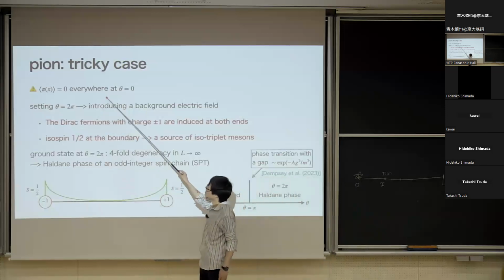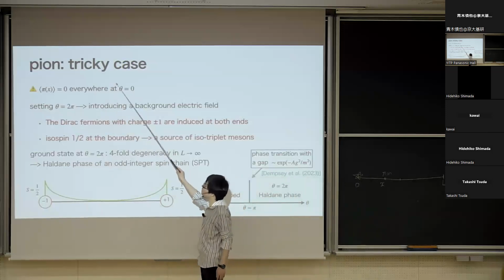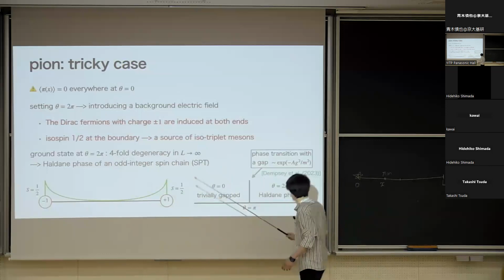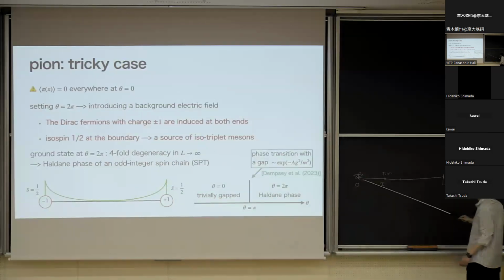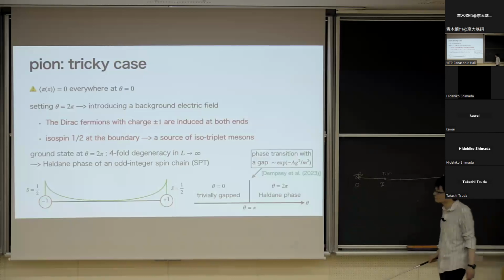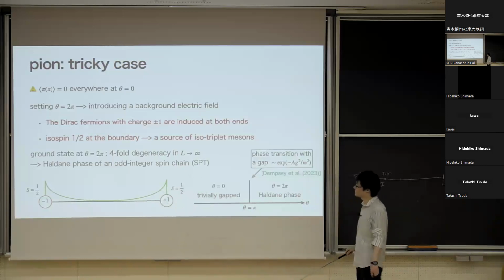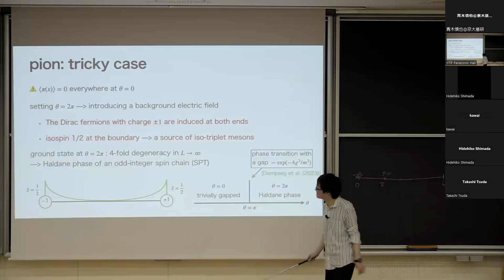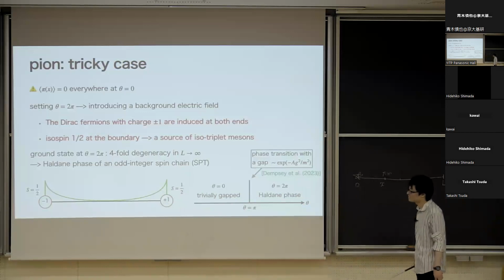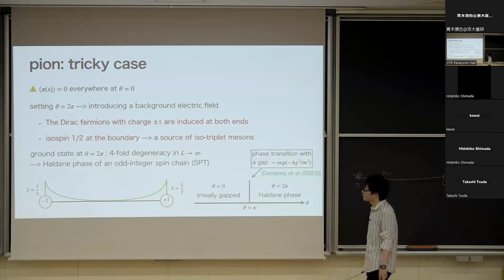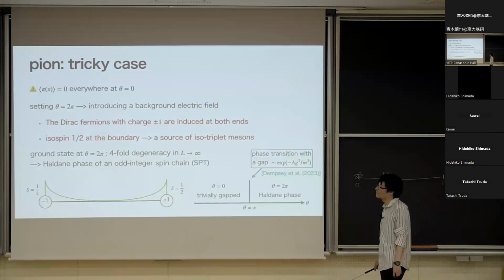In other words, the boundary at theta equals 0 cannot be a source of an isotriplet. I see. So this unknown operator includes a singlet meson, but not a triplet meson. And actually, this kind of excitation can be regarded as a pion operator. Can you explain why the boundary effect only affects the spin singlet operators at theta equals 0?